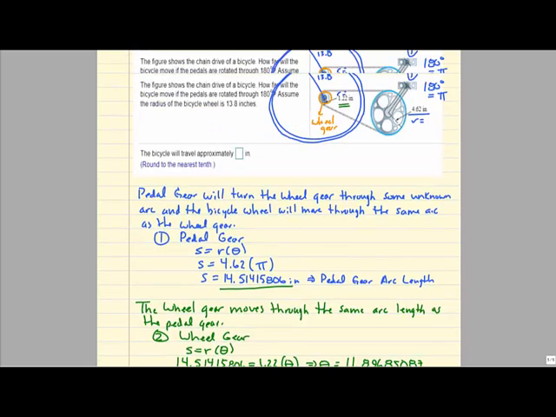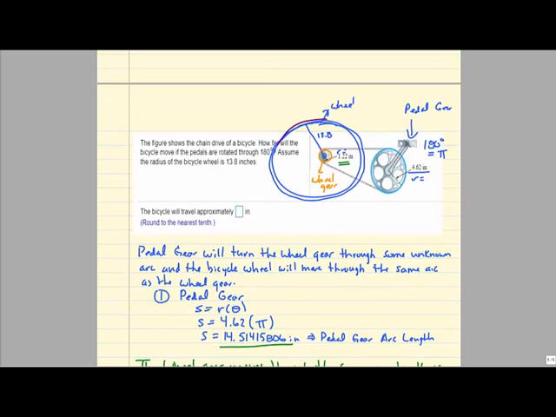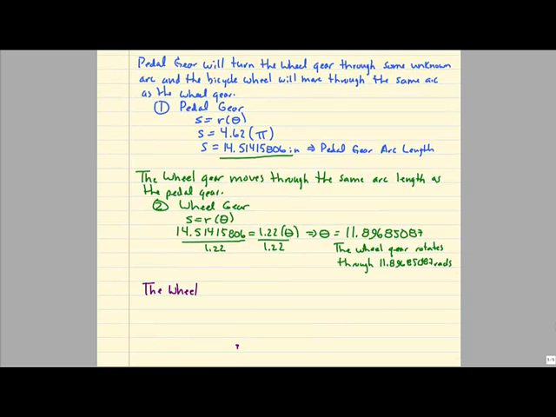And the wheel is what I have up here in blue, so this wheel right here. The wheel will also rotate through the same number of radians. So this would be the 11.89685087 radians.